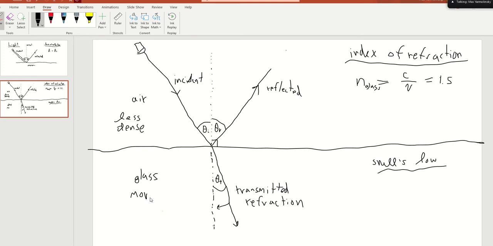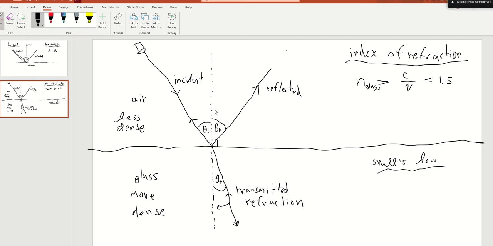Now, if it was the reverse situation, if the light started in the glass, you had a flashlight inside the glass and you point towards the air, then it will bend away from the normal. So if the light ray was going this way, then it would actually go farther away from the normal line. You can just put it in reverse. If you start the light over here, it will do the exact same thing, but in reverse.